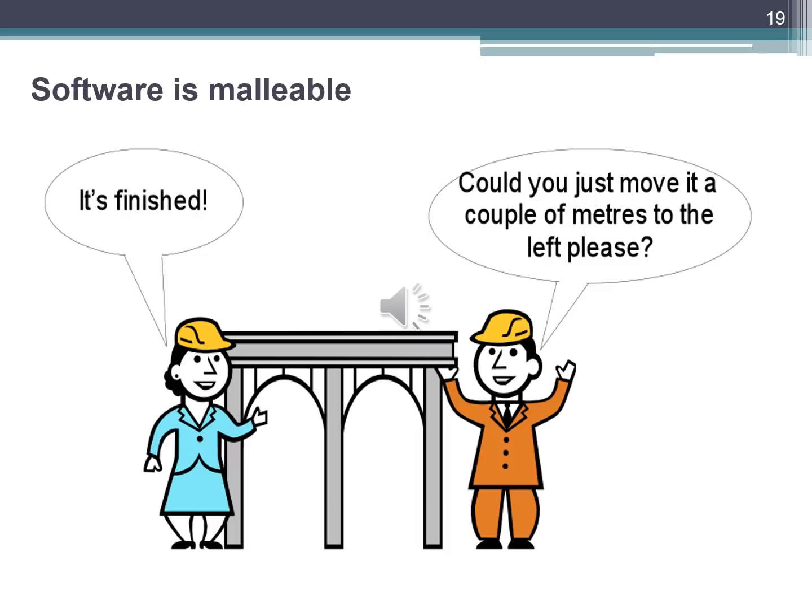Another factor increasing the risk of IT project failure is that software is malleable. When you build a bridge, you cannot change the foundations once they are laid. Software can be easily changed at any time during its development. Software is developed in units, which are combined into modules, which are integrated into a completed system.